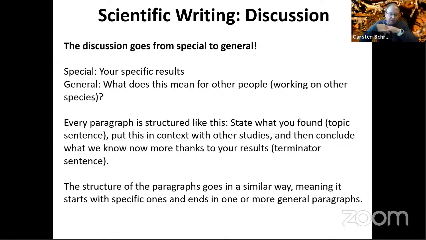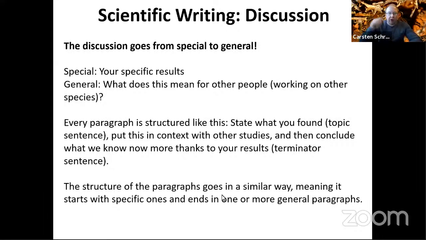Similar results have been found in hamsters and in kangaroo rats. And then you conclude with a general statement that's in the terminator sentence. It should give an overall conclusion. It could be in this example, which is only fictive, that individual recognition seems to be widely common in small mammals.